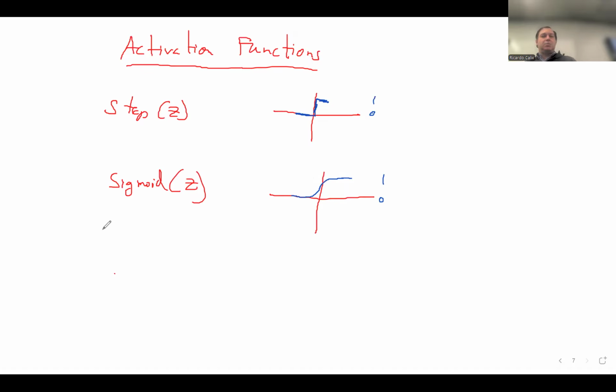The tanh is pretty similar, but just in a different set of values. So tanh of Z is going to look like, change to blue.